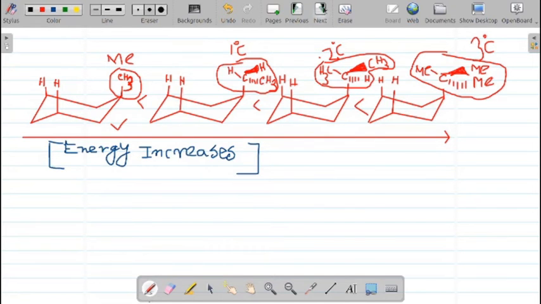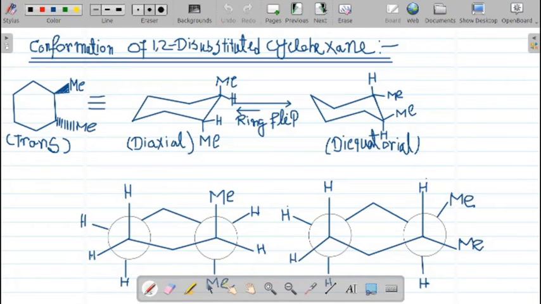then now we will discuss the conformation of the 1,2 disubstituted cyclohexane. Here we can see that there are two types of conformation present in the 1,2 disubstituted cyclohexane. First we will discuss the trans conformation, then we will consider the cis conformation.